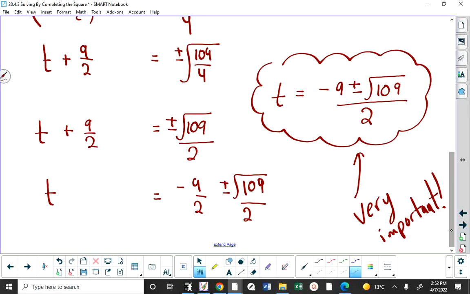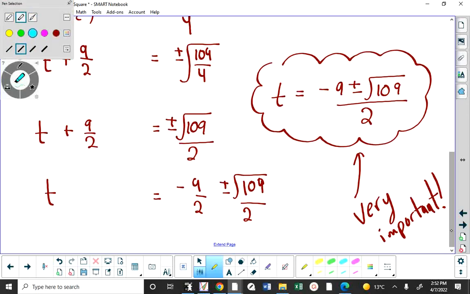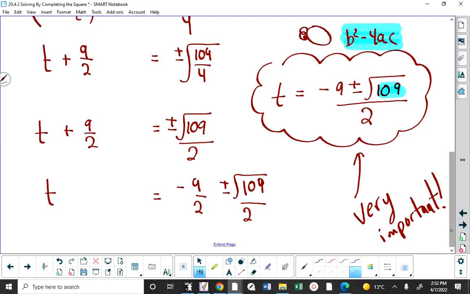But one thing I want you to notice about this is that the number underneath the square root sign is b squared minus 4ac. And it will be. It won't always be. There's weird cases where it won't be.